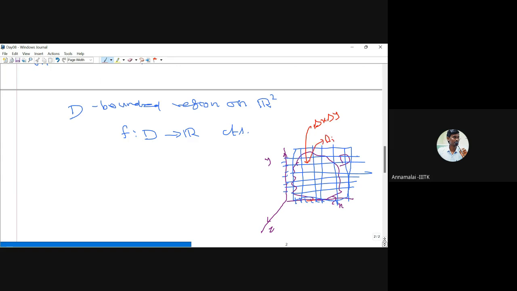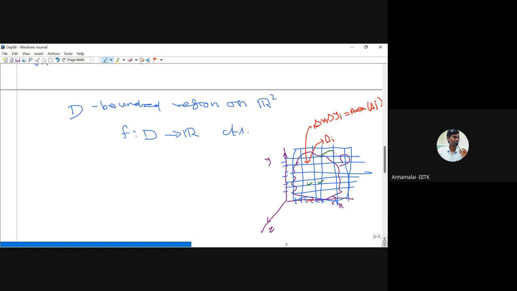So the corresponding delta x_i times delta y_i is nothing but the area of this particular rectangle. Similarly, we can find the area for each rectangle. If I look at this portion, maybe I can use another color. Again, we can easily find the area of this one and this one. After that, you have to sum all the things.